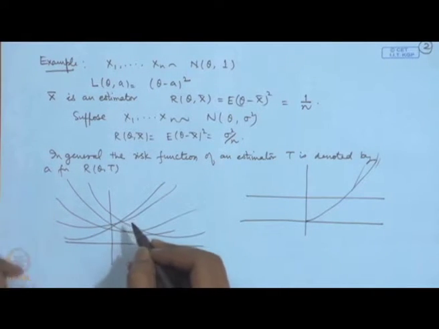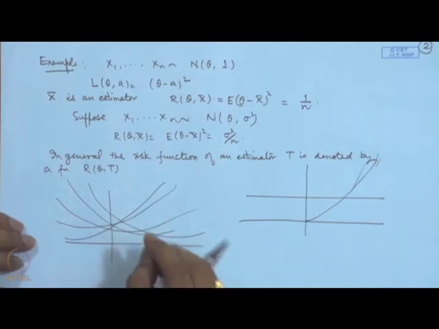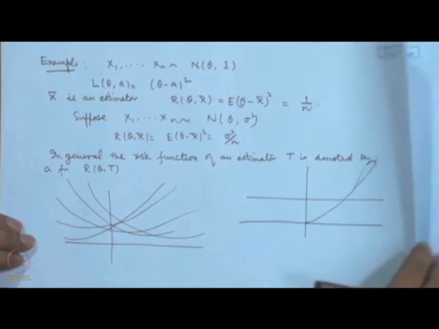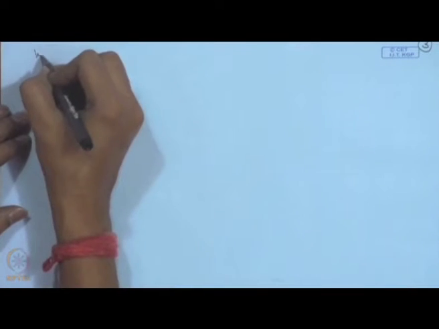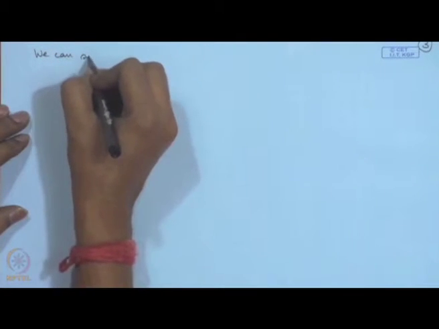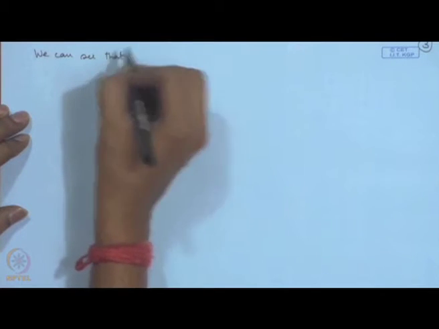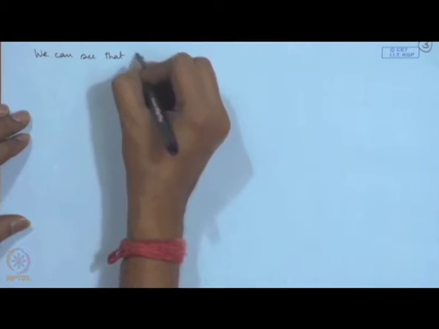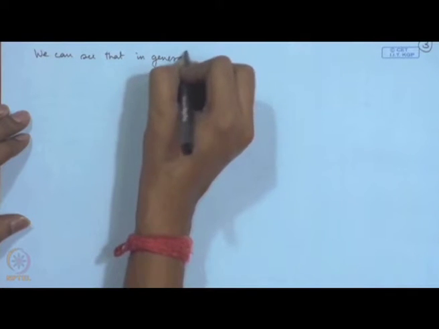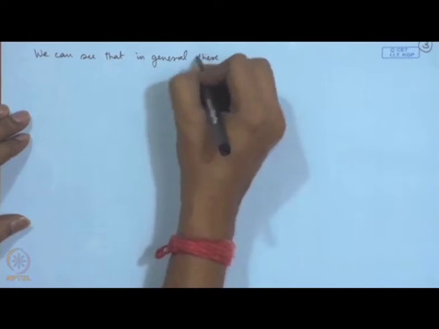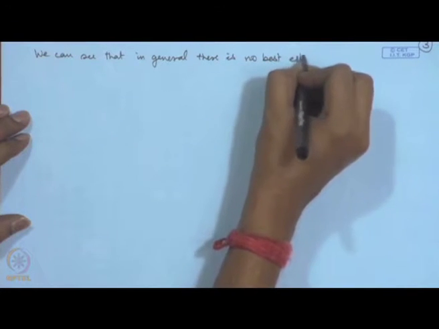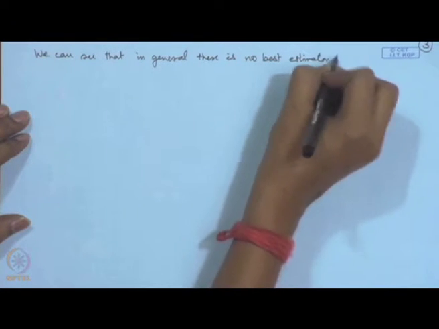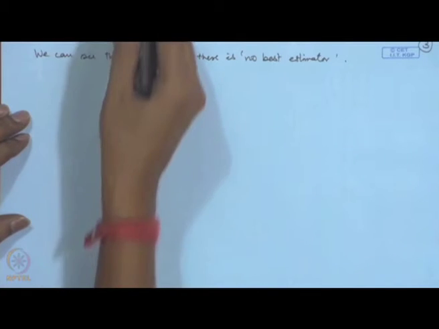Easily you can see that with respect to this criterion, there is no best. We can see that in general there is no best estimator. What is the meaning of this statement?